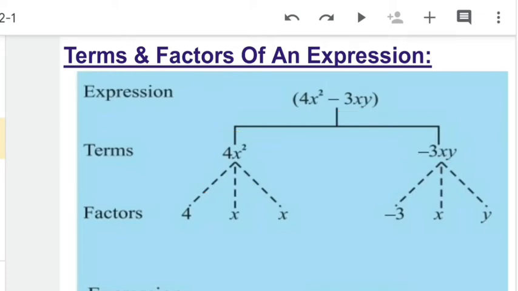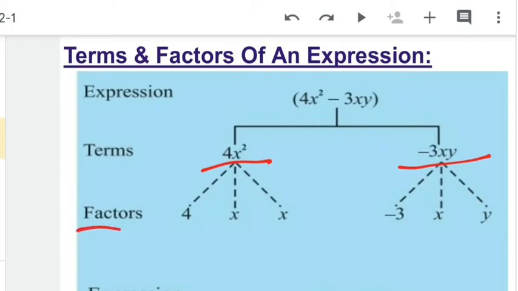Again, in an expression we can separate terms with the help of operation. According to this expression we have only two terms here. The first one is 4x square and the second one is minus 3xy.